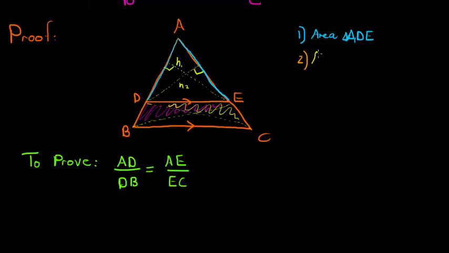So that's the second step: I'm going to show that the area of triangle DEB is equal to the area of triangle ECB. I'm going to show those to have the same areas.